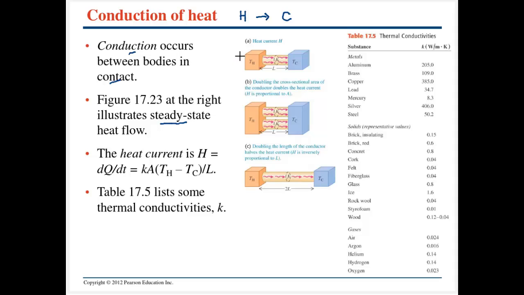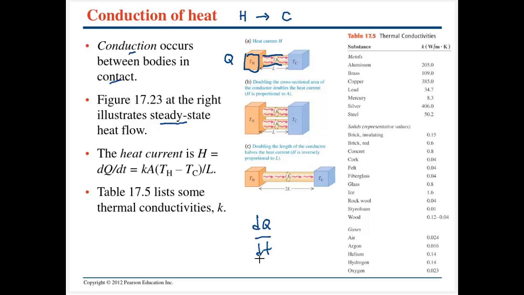So here we have a body that's at a hotter temperature. It's got some heat energy associated with it, and we can pretty much think about taking a hose and connecting it between these two bodies and asking how much heat is going to flow per unit time.